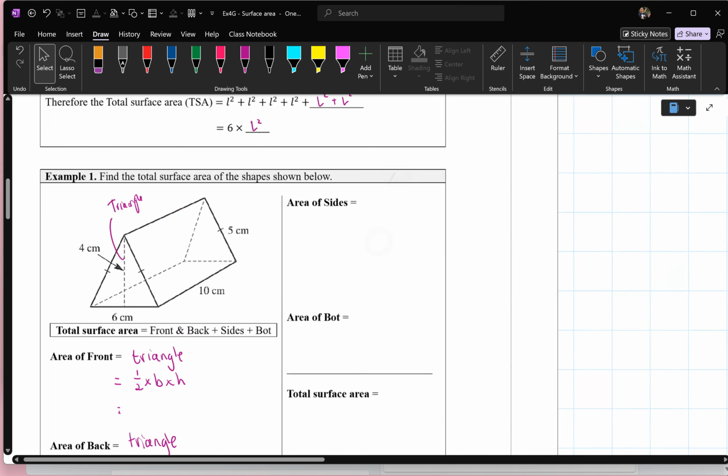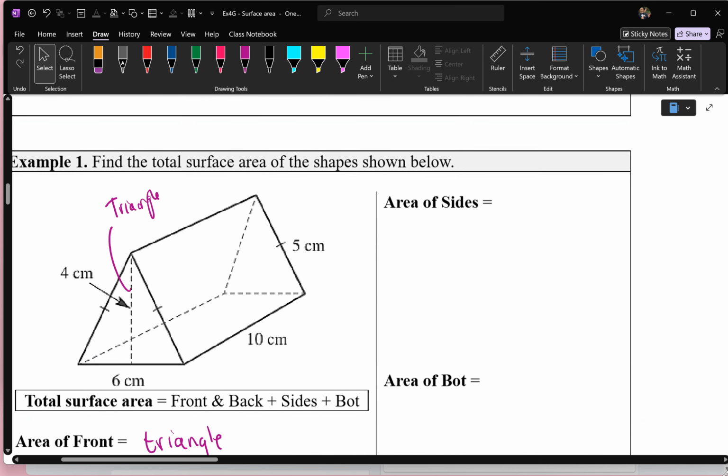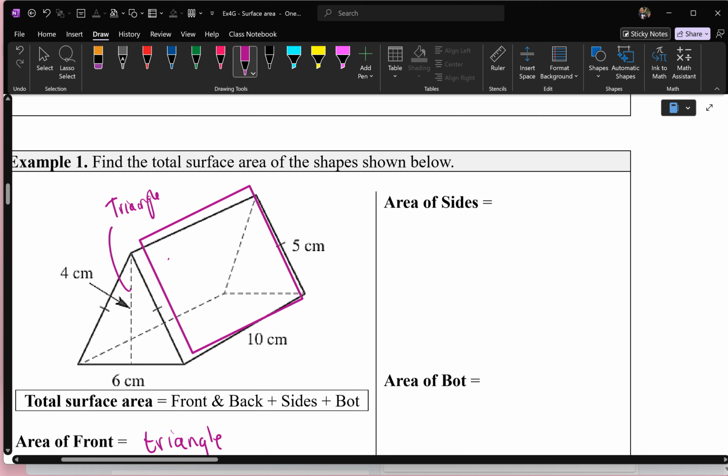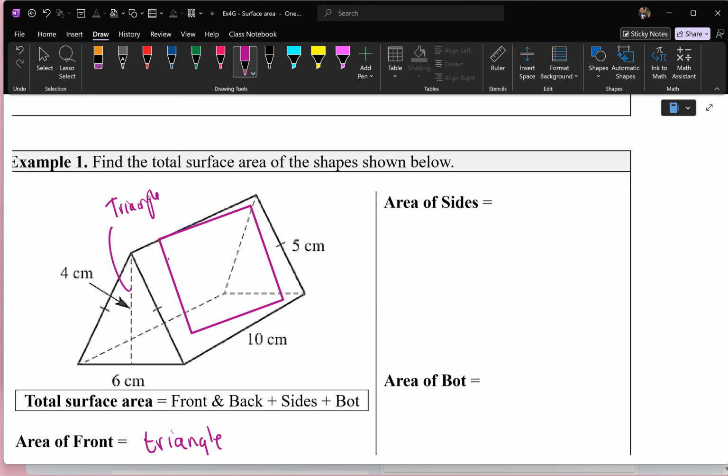And then the area of the sides. Let's have a look at the sides. So each side, the right side and left side, you can see this is one of the shapes for the sides. And that looks like a rectangle there. But notice that you've got 2 sides, the right and the left, exactly the same shape. So it's actually 2 of those rectangles.